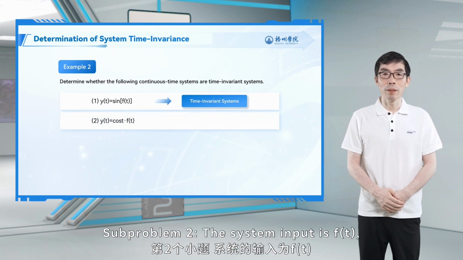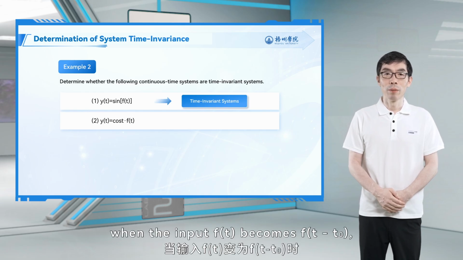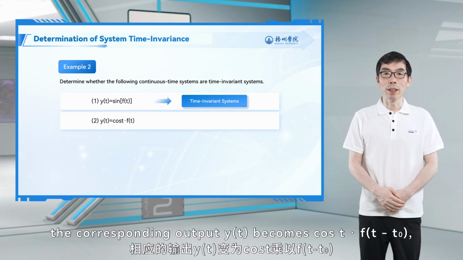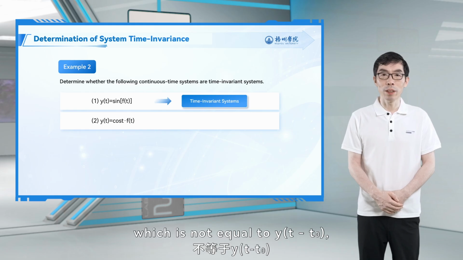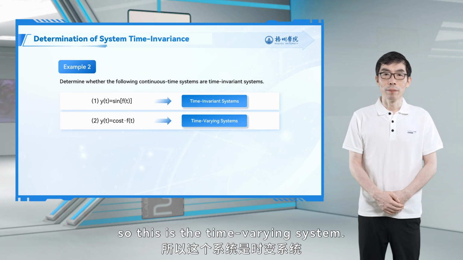Subproblem 2. The system input is f of t, and the output y of t is the product of f of t and cos t. When the input f of t becomes f of t minus t0, the corresponding output y of t becomes cos t times f of t minus t0, which is not equal to y of t minus t0. So this is the time-varying system.